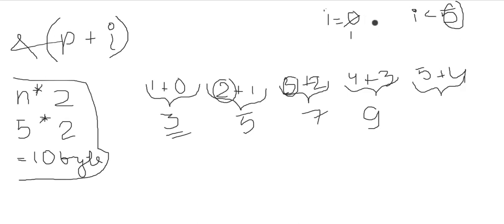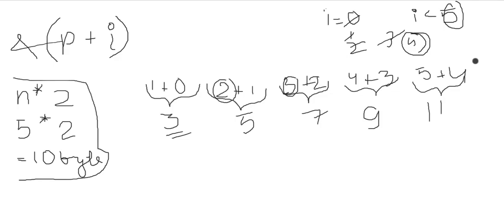So 1, 2, 3, 4, 5. It runs till 4. We have entered this. So this is how our loop is working. I hope you understood this concept.